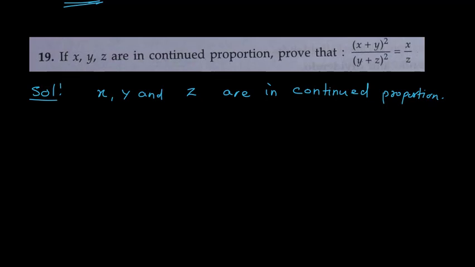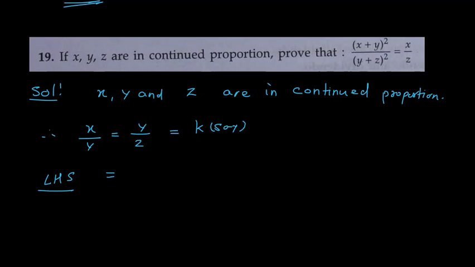So as x, y and z are in continued proportion, you can say that x upon y is equal to y upon z is equal to, you can take, k. Now what you have to prove is that x plus y the whole square upon y plus z the whole square is x upon z. So we will begin with LHS.